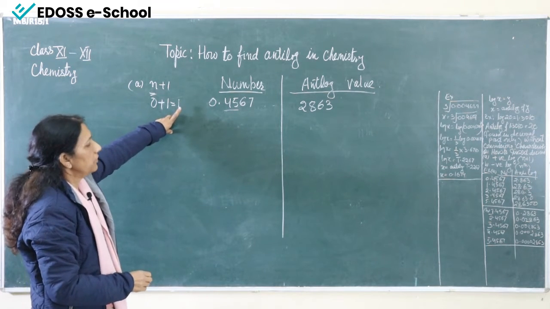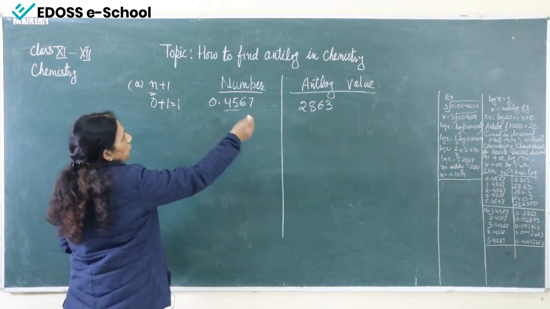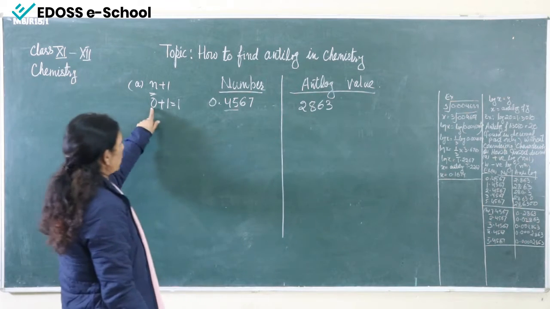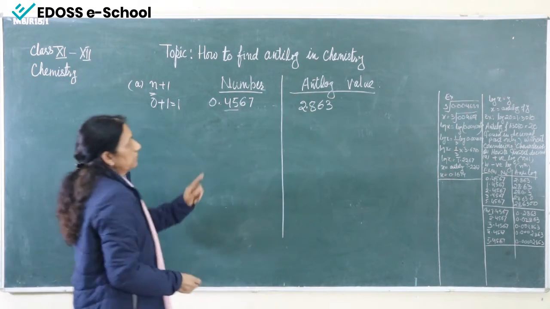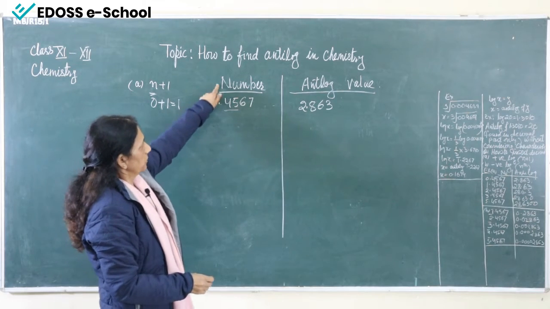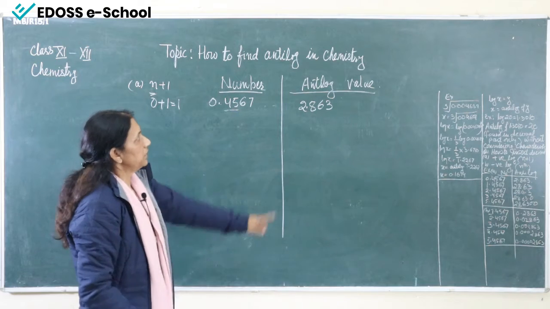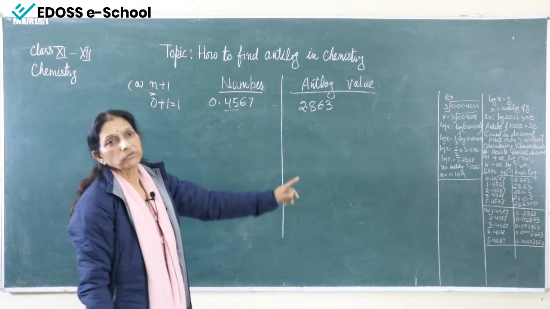That means we have to insert the decimal at the first place. So for the number 0.4567, its antilog value will be 2.863.